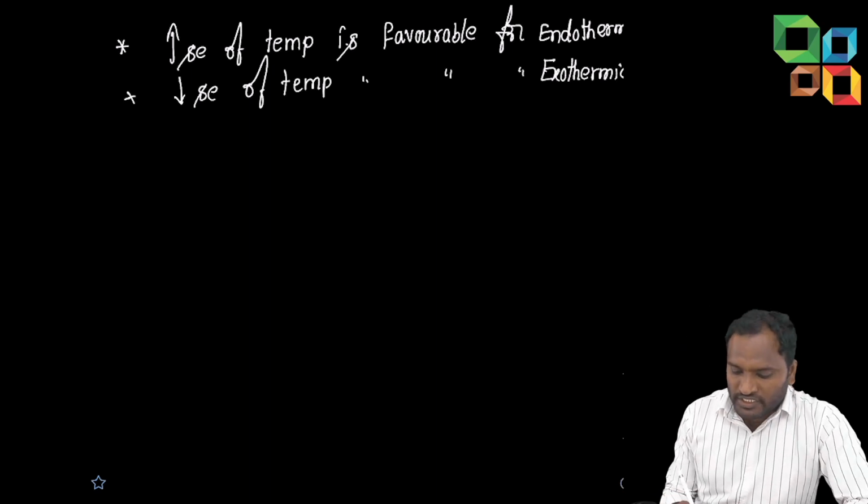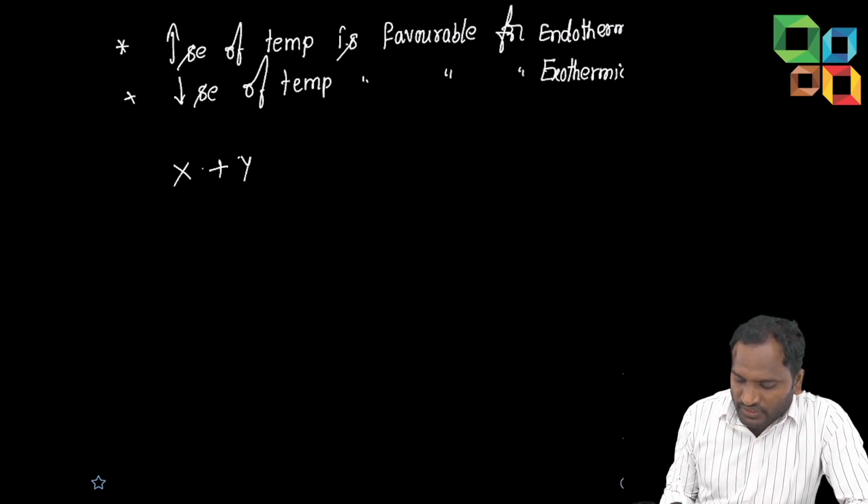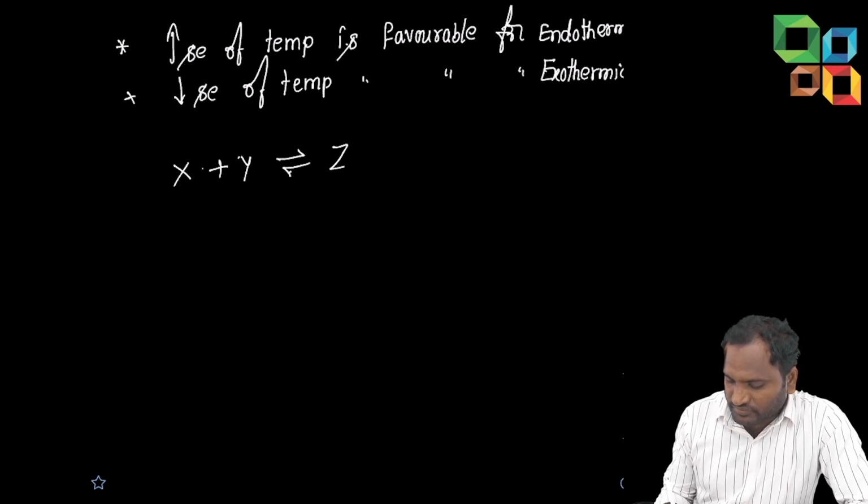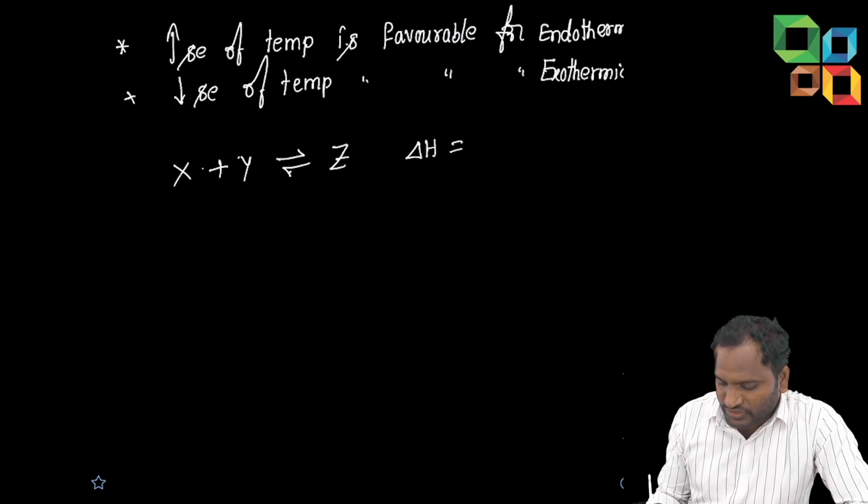Exothermic reaction. X plus Y is in equilibrium with Z. Delta H is equal to minus 19.5.